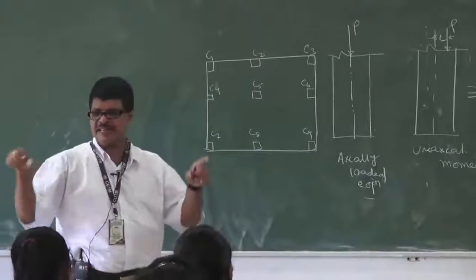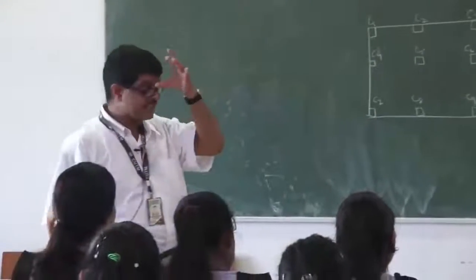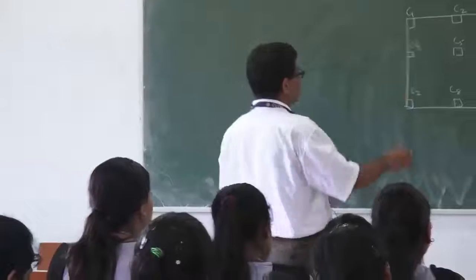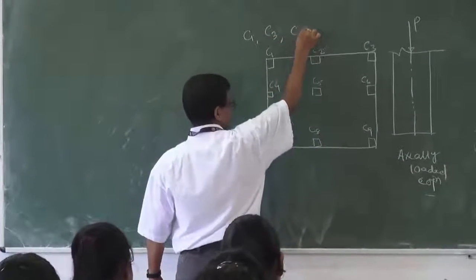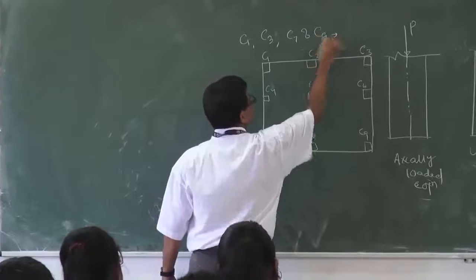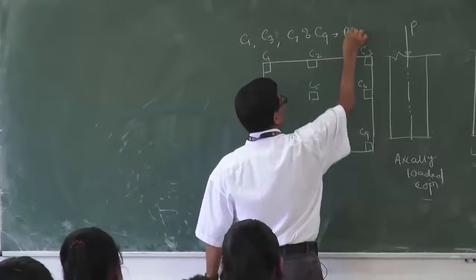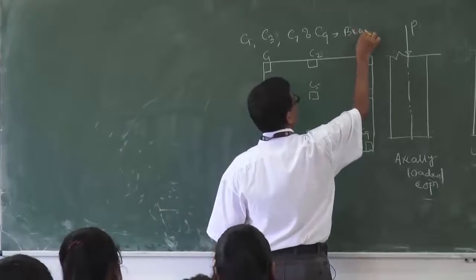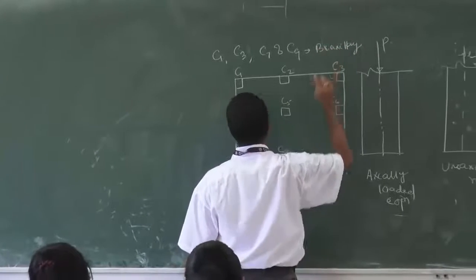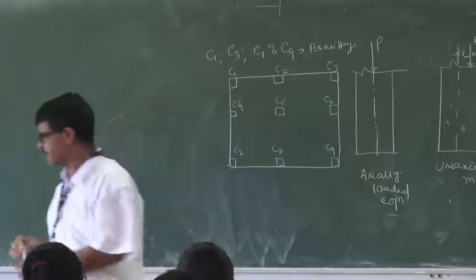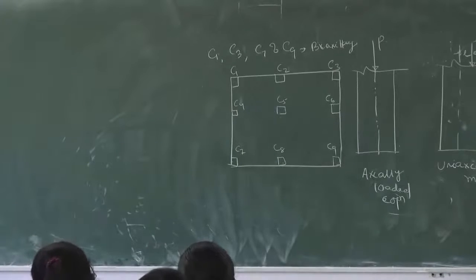Now suppose there is a building and you have 9 columns. In these columns, the corner columns C1, C3, C7 and C9 are biaxially loaded columns, or subject to biaxial moments.